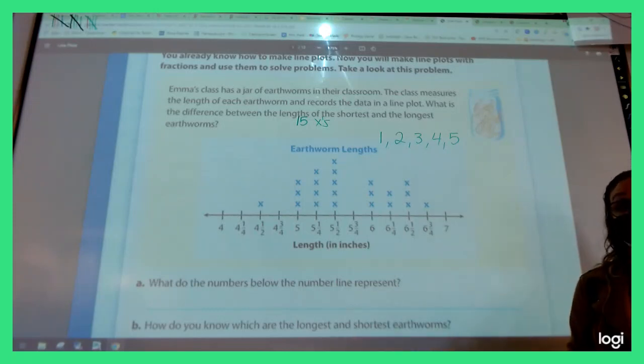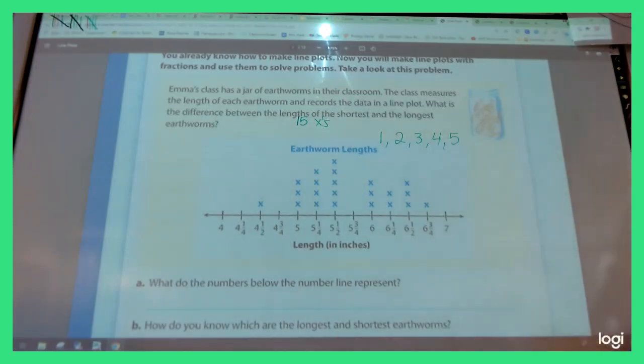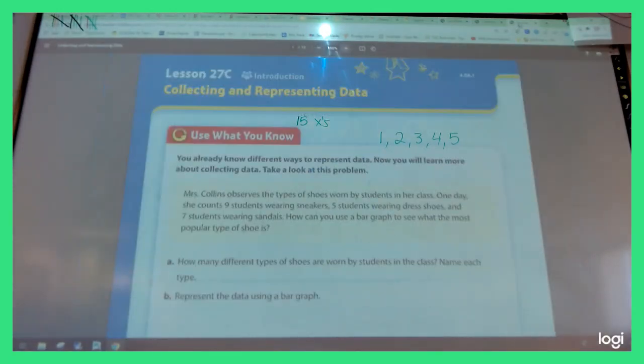Let me actually switch back because that's kind of hard to answer until we're on the right screen. So let that soak into your head, and we will come up with our own.